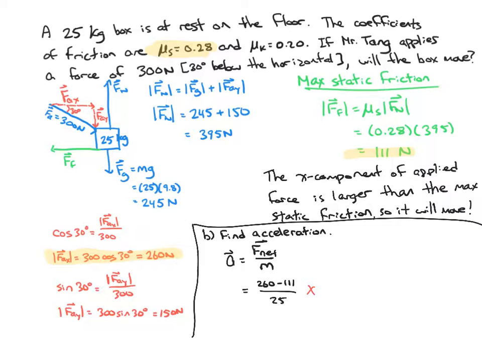Because 111, that was for static friction. But now that it's moving, we've got to switch to kinetic friction. So I'm going to erase the 111. I have to do a little bit more work to find the kinetic friction.